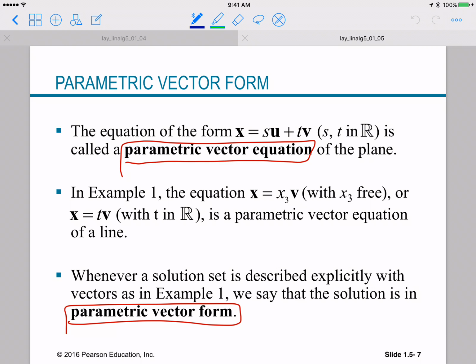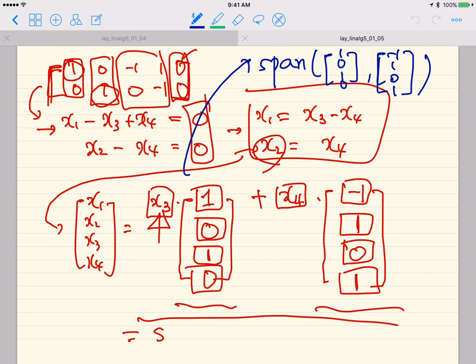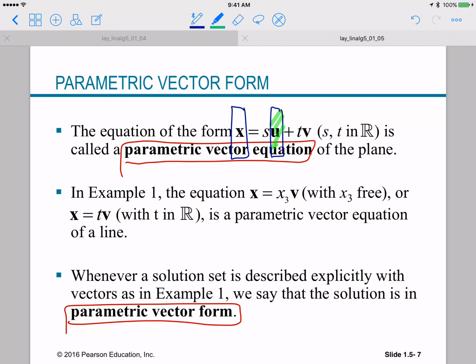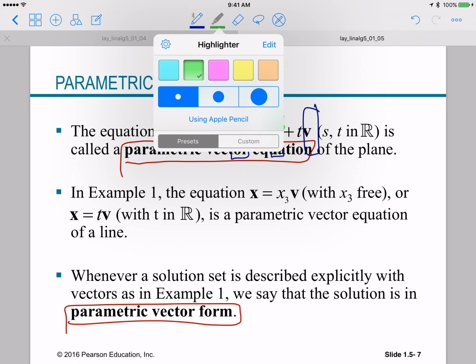Okay, so in this particular slide, we call these two vectors that are associated with each free variable u and v.